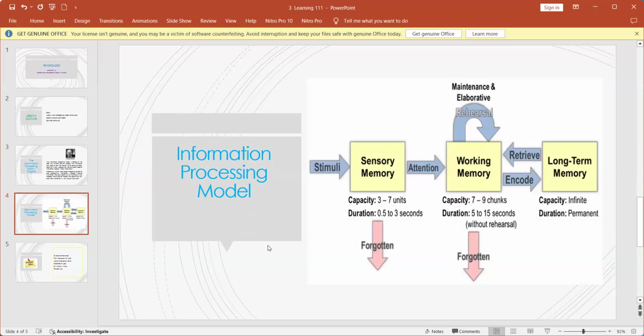So this is it, right? Gagné believes that as a computer processes information, humans also actively process information. We discussed all these. The memory has three stages, the capacity and the duration. And if they are not rehearsed and practiced, what happens? They are forgotten. Yeah, we discussed this. Do you remember this?